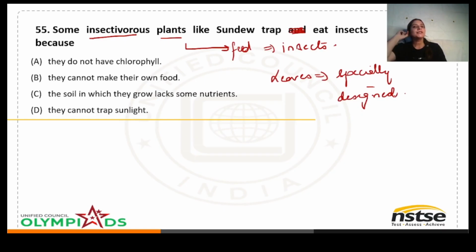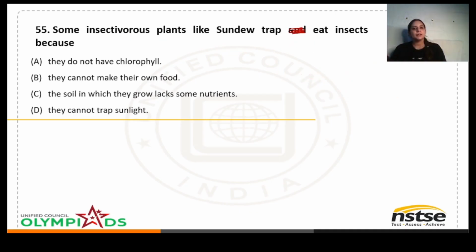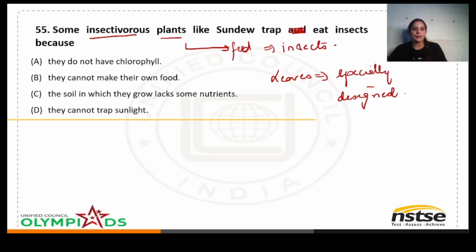Their leaf surface is sticky, and leaves are modified into a pitcher sort of thing. Whenever an insect gets attracted, it sticks to it and the plant engulfs it. In the hollow cavity of the pitcher, digestive juices are secreted and they digest the insects and fulfill their nutritional requirement.